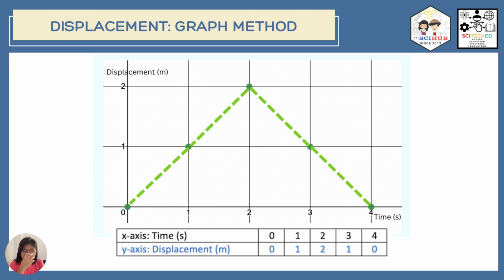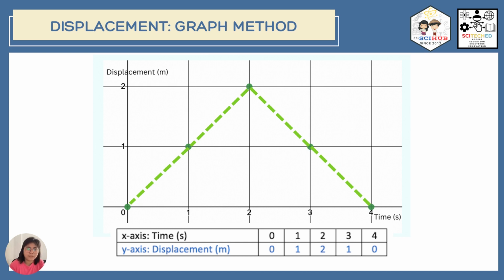Alright? So another way of describing displacement is the graph method. So in this displacement time method, each value corresponds to each value as well. So for example, displacement and time. So at time 0, the displacement is also 0 meters.